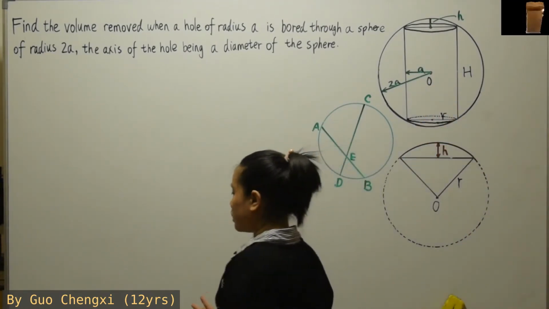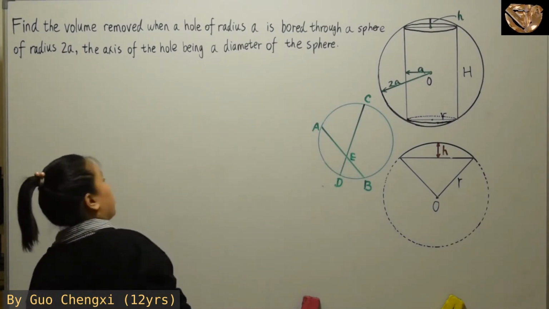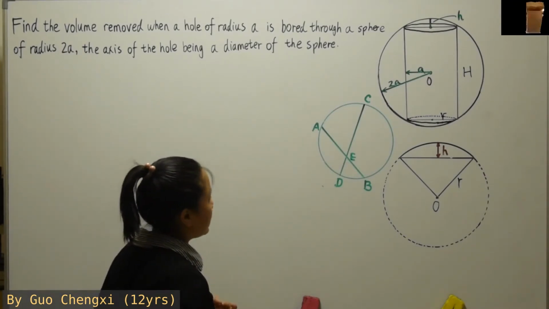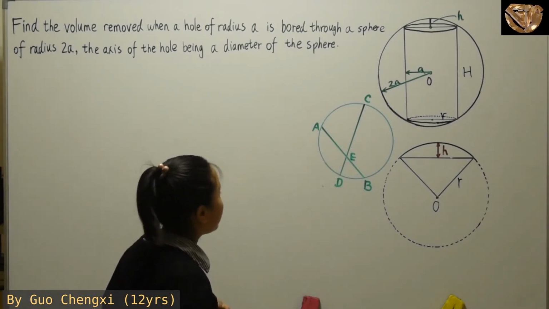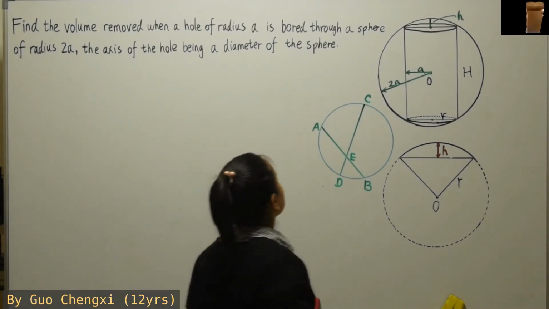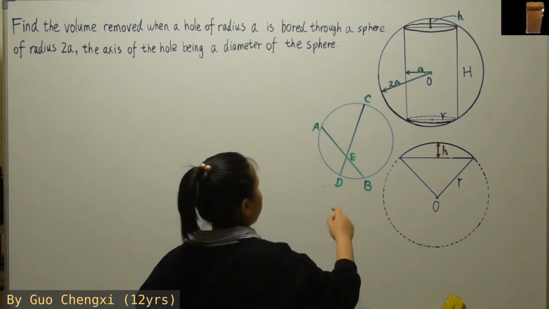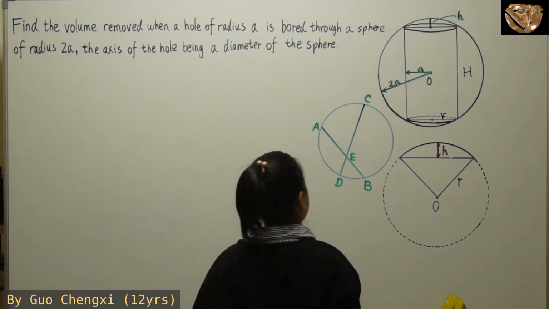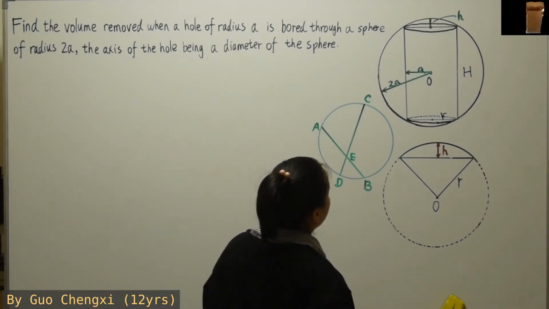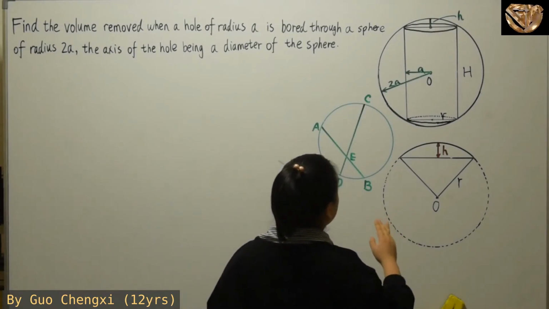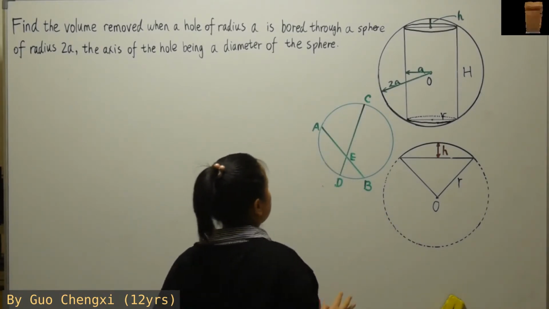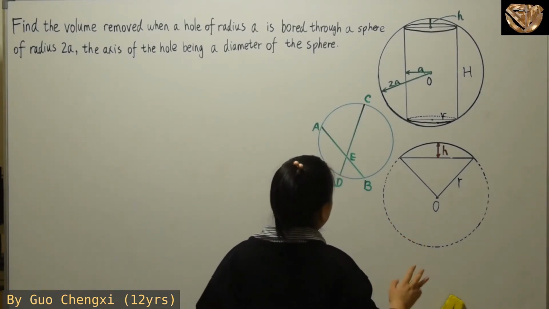So first of all, what do we have here? We need to find what the small h is, right? Because for the caps we will need to use it, while for the cylinder, you also need to know about the small h.